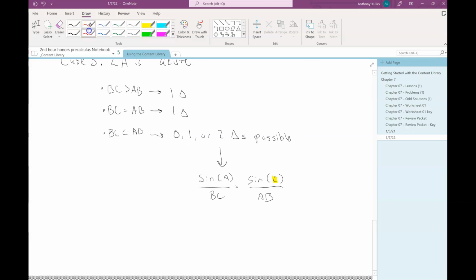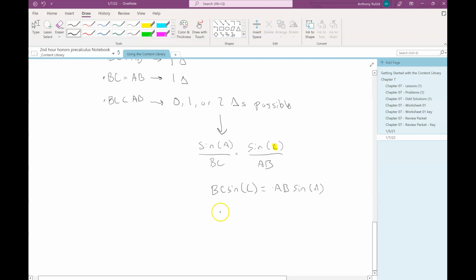So I'm just going to cross multiply this. Oops, let's write it in the other order. And then we'll get sine C by itself.